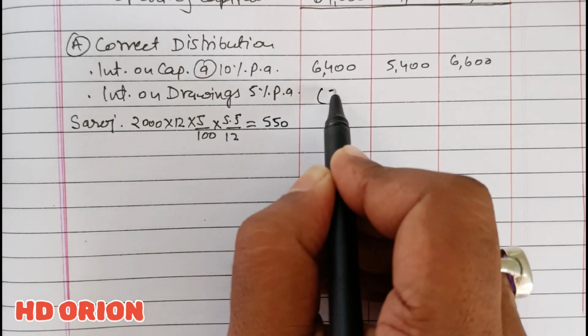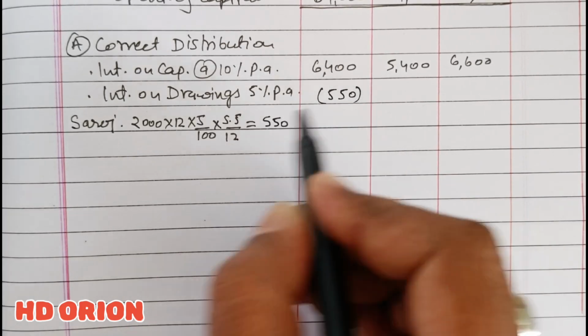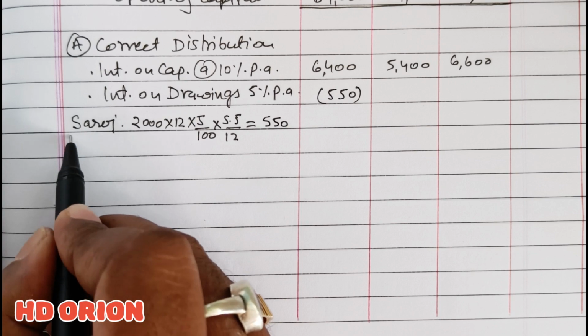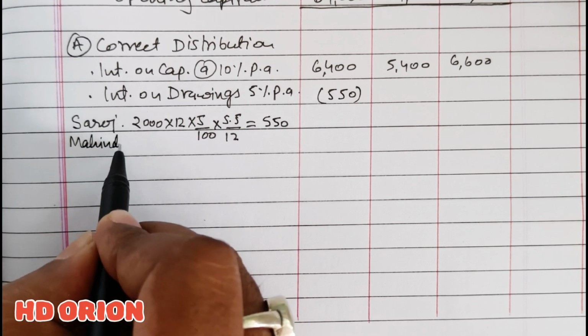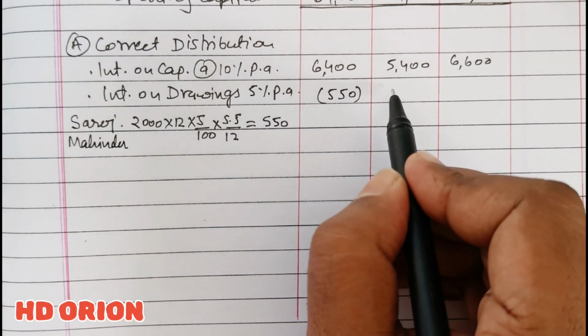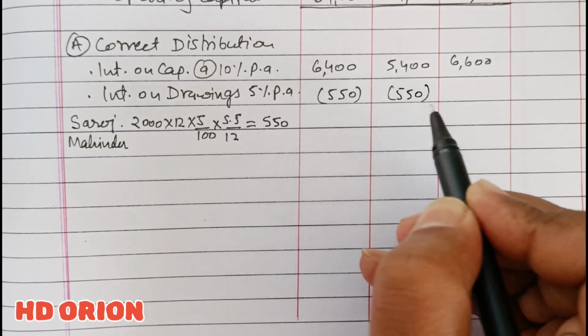So interest on drawings for first partner is 550. Same is for Mahinder because they both have withdrawn the same amount. So we will write here 550.